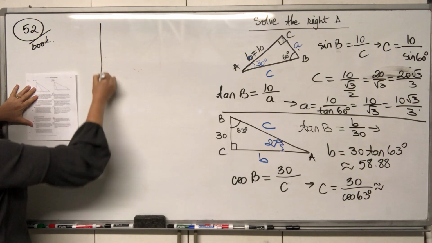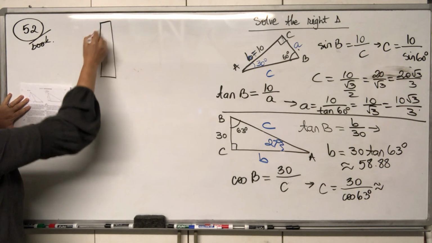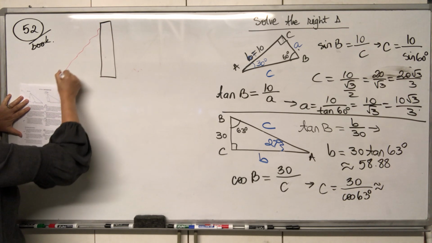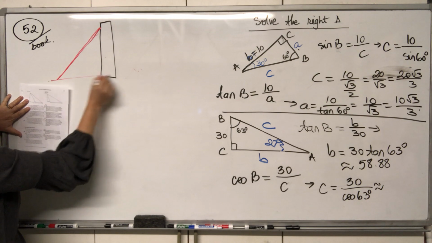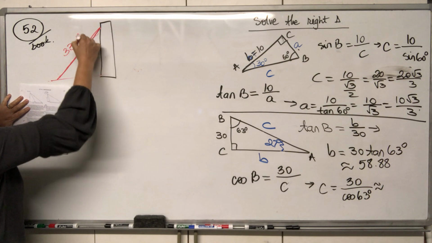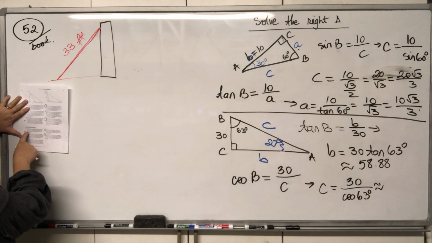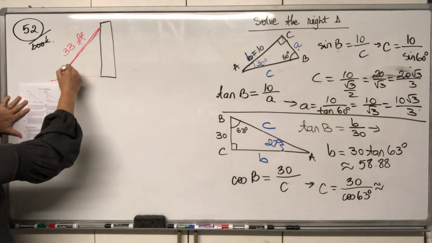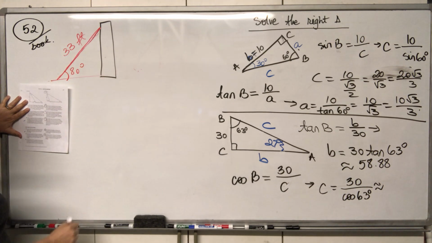So here's a building. And here's a 33-foot ladder. Well, it's straight, but anyhow. So that's the ladder, and it's 33 feet. It leans against the building so that the angle between the ground and the ladder, that's the ground and that's the ladder, this one's 80 degrees, yes?